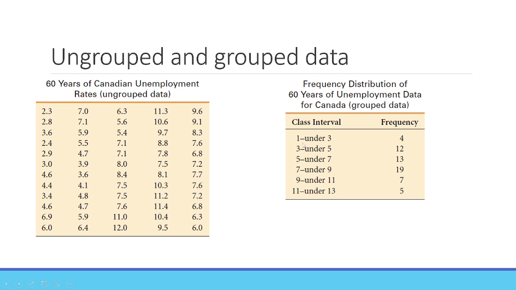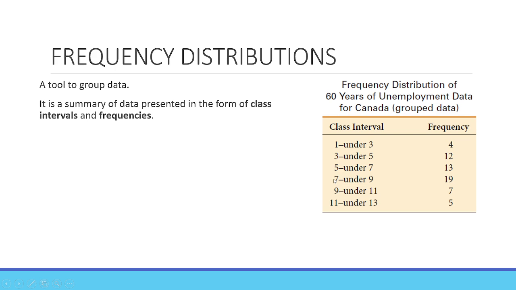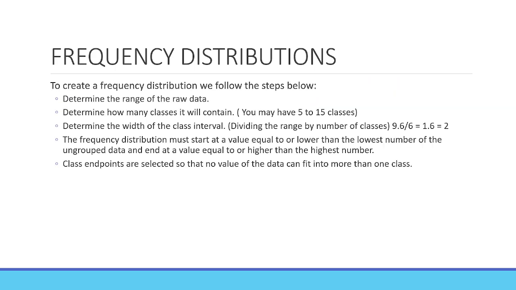So the minimum value is 2.3, and we have taken a lesser value of 1. Similarly, the highest value should be more than or equal to the maximum value. So here 12 is the maximum value and you have taken 13. So these are the initial values and the last values.